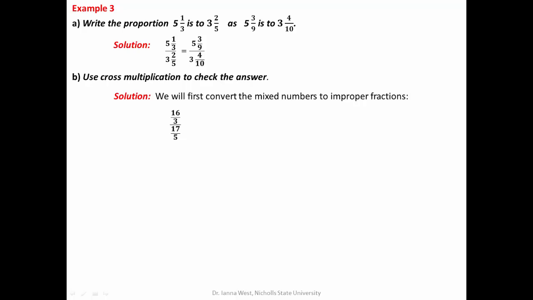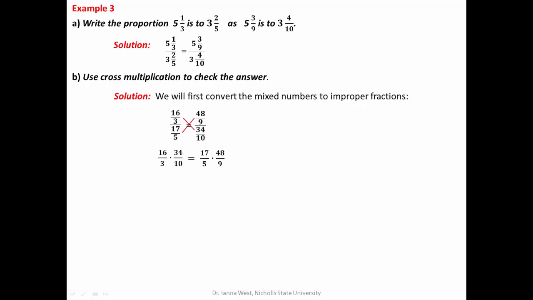On the right-hand side, 5 3/9 converts to 48/9 and 3 4/10 converts to 34/10, giving us the ratio 48/9 divided by 34/10. To check to make sure that the proportion is true, we will cross multiply 16/3 times 34/10, and we will set that equal to 17/5 times 48/9.